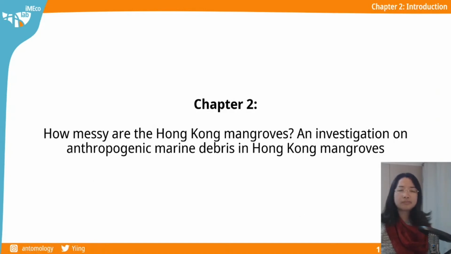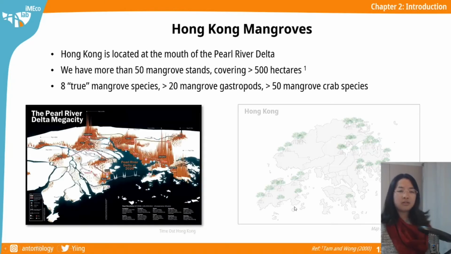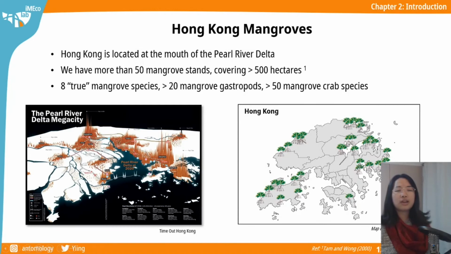So going on from that, I decided to do my own survey across Hong Kong mangroves. Hong Kong is located at the mouth of the Pearl River Delta. There are a number of mega cities such as Guangzhou and Shenzhen located right along the river and this delta, and into this delta, 3 of the top 20 plastic polluting rivers converge.